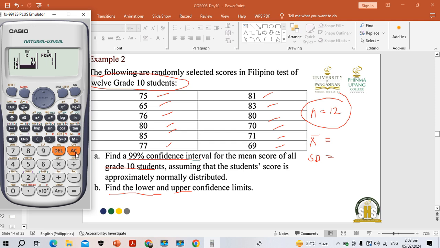Tapos AC, tapos shift 1, 4. Tignan natin kung 12 yung n. Choose 1. Your n is 12.